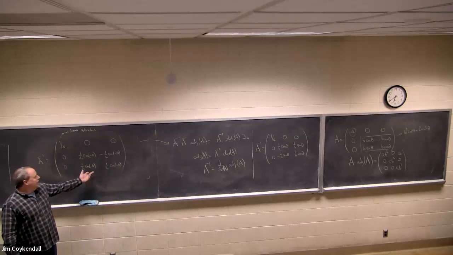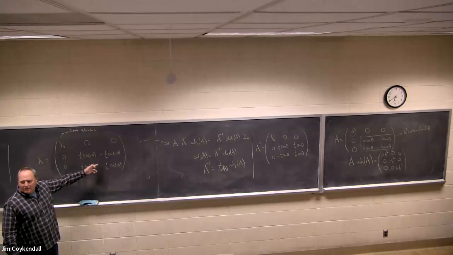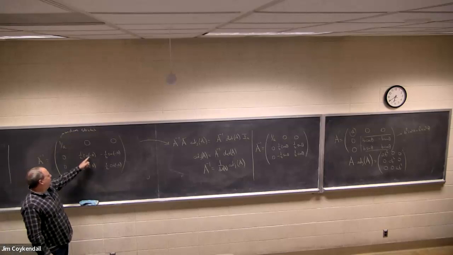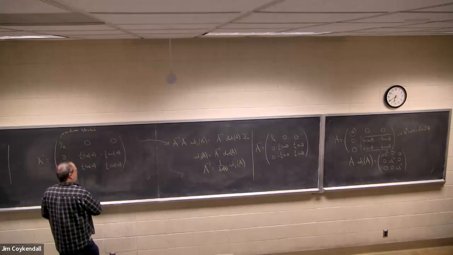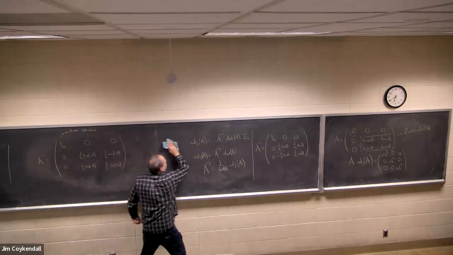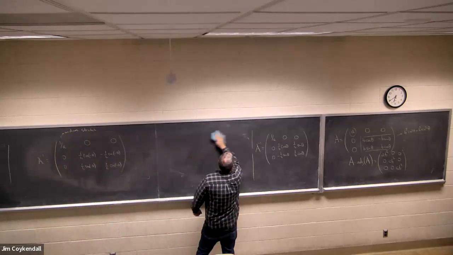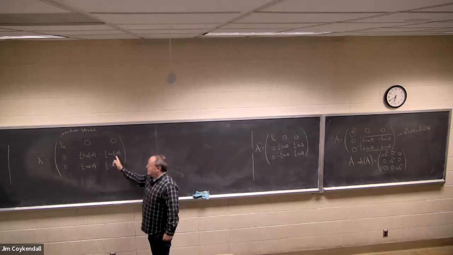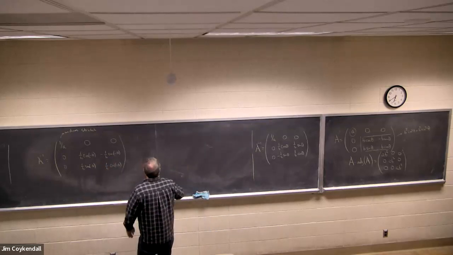So I've undone the stretch and then I've rotated it back. Right. And cosine is an even function, so cosine of negative theta is cosine theta. And sine of negative theta is negative sine theta. And that's why you get that sine reversal.